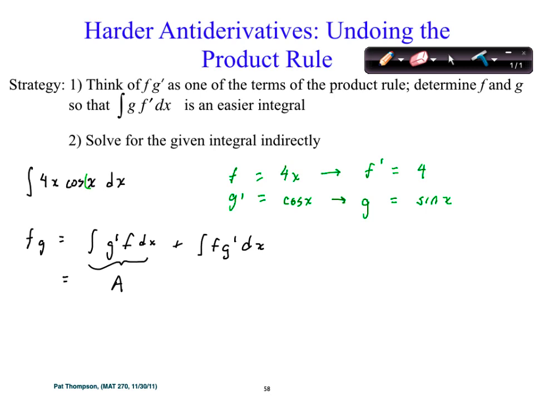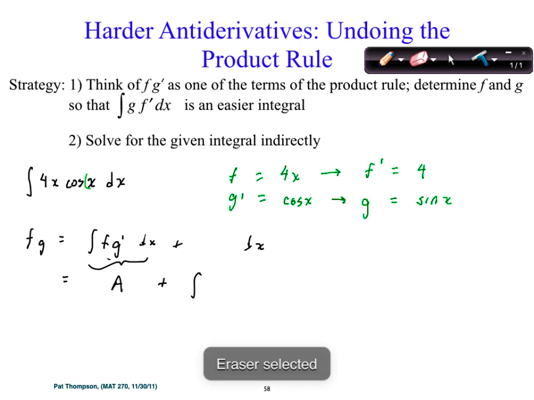That's what we're going for. So A stands for answer. And so then what is fg prime? No, I got this wrong. I wrote it twice. This is wrong. I need gf prime here. Okay, that's better. All right, so now what's gf prime? Well, that's our sine x times 4.